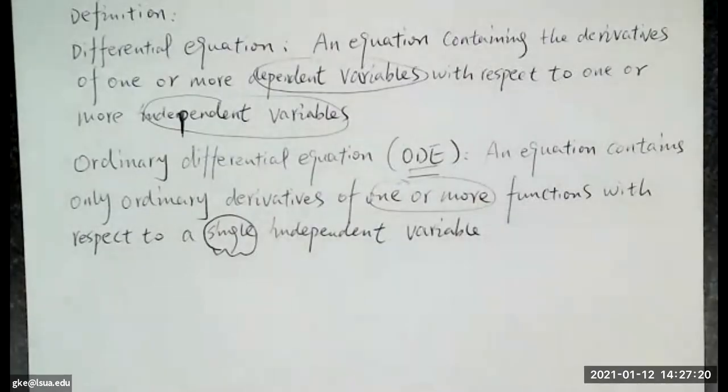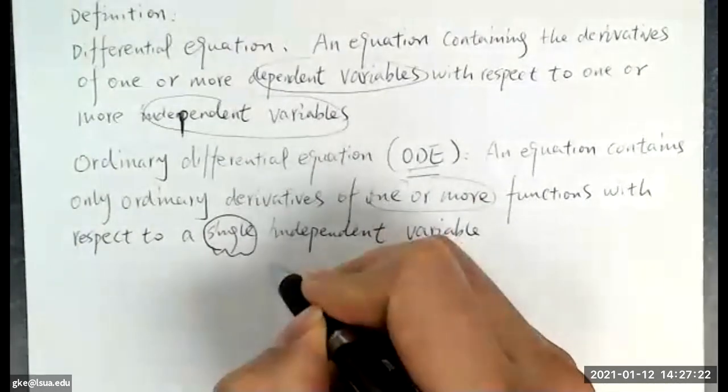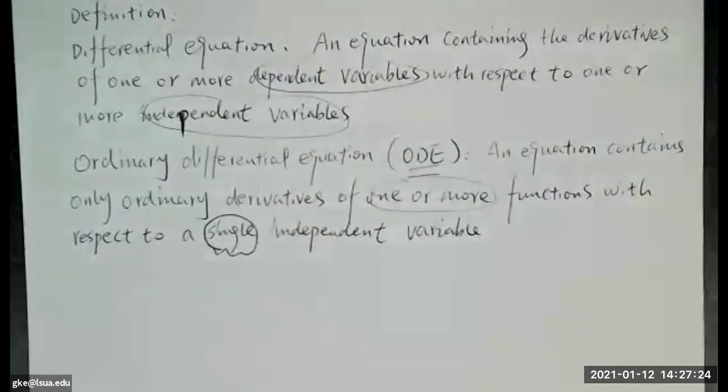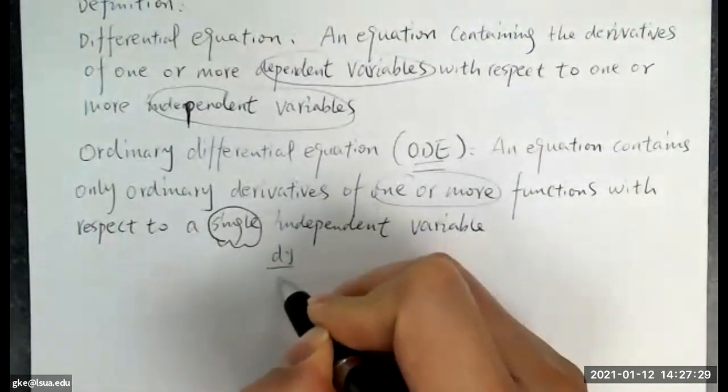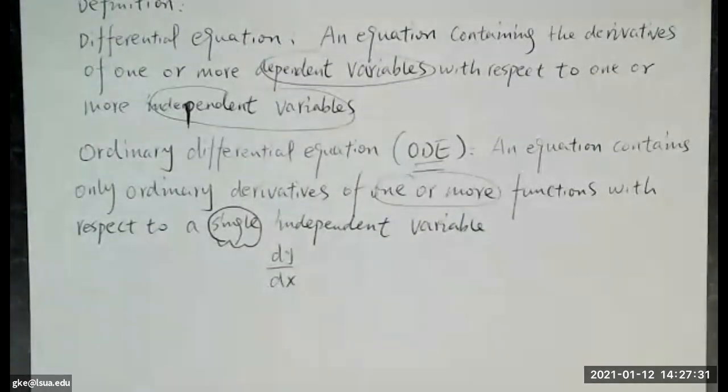Let's take a look at an example. For the ODE, we usually use this symbol dy over dx. If you learned the derivative in calculus, you should be very familiar with this symbol.